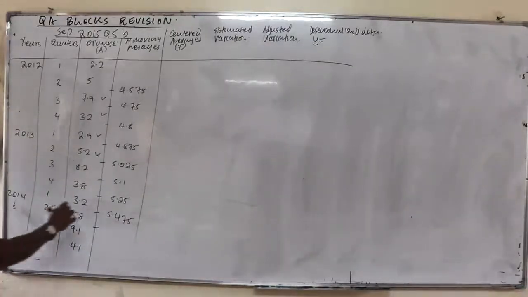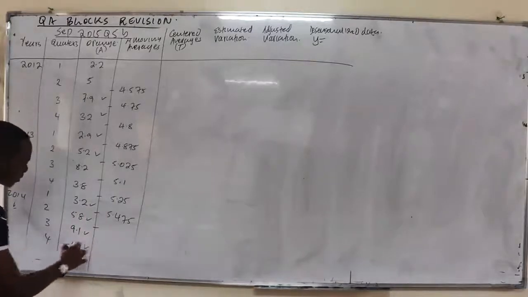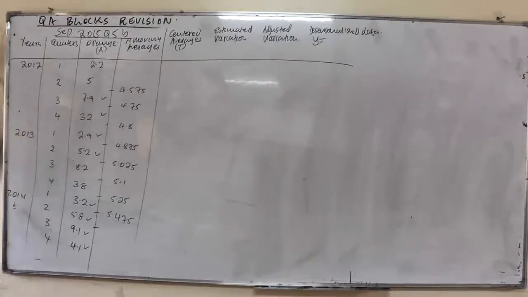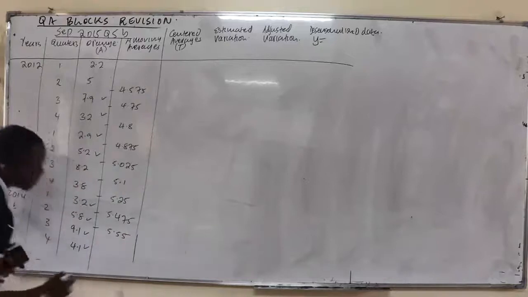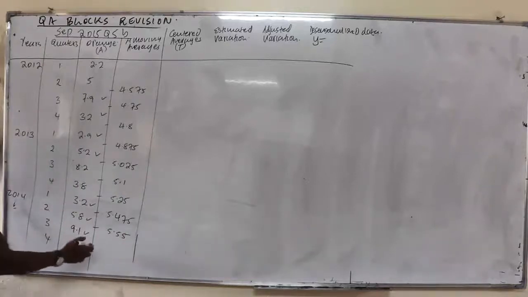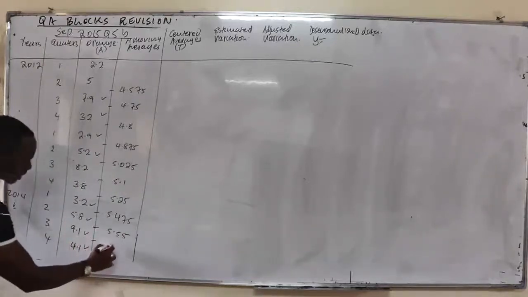Then lastly, you take the last 4. You have 5.55. Now, if you drop that one, you only remain with 3. So you ignore the rest.